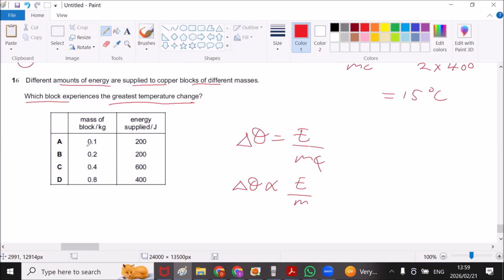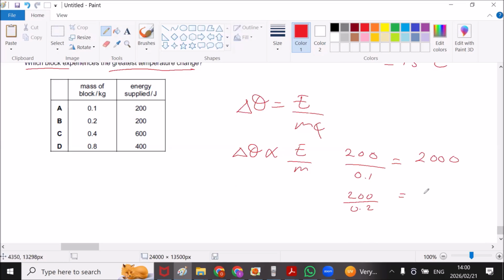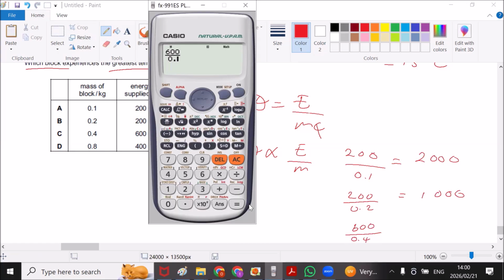For A, we will have 200 over 0.1, which will give us 2,000. For B, we'll have 200 over 0.2, which will give us 1,000. For C, we will have 600 over 0.4, which will give us 1,500.